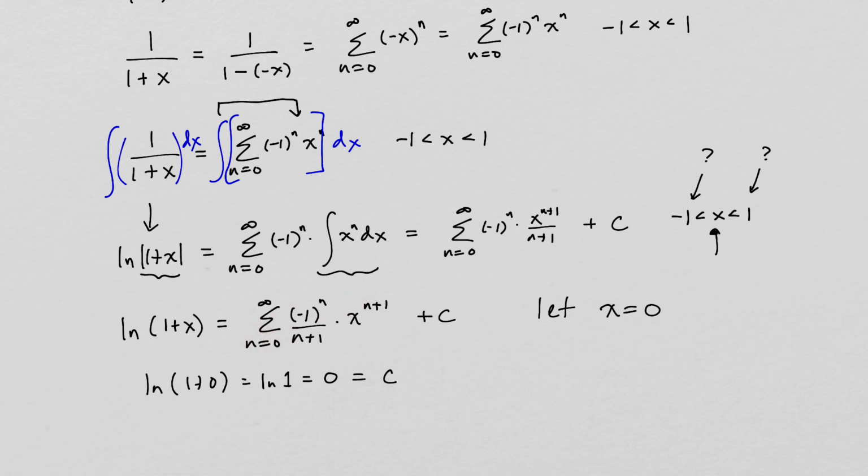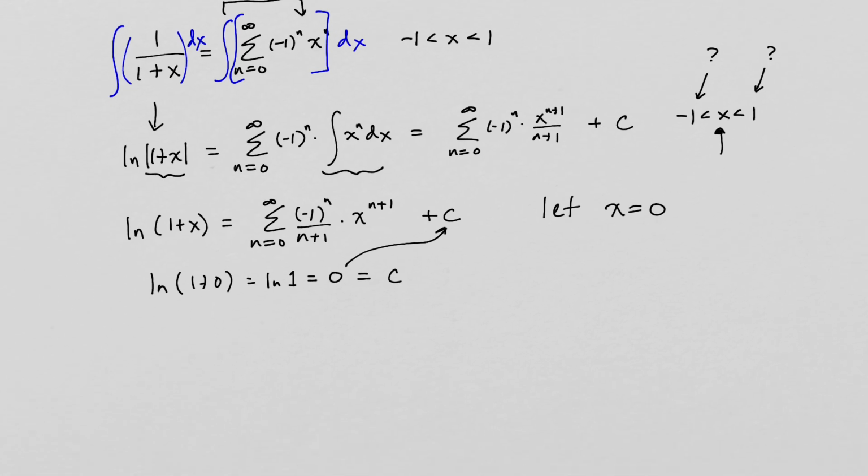So we can figure out that c is 0. Okay, so now that we know c is 0, we can plug that in, and we have our function, natural log of 1 plus x, is the sum of negative 1 to the n over n plus 1 times x to the n plus 1.